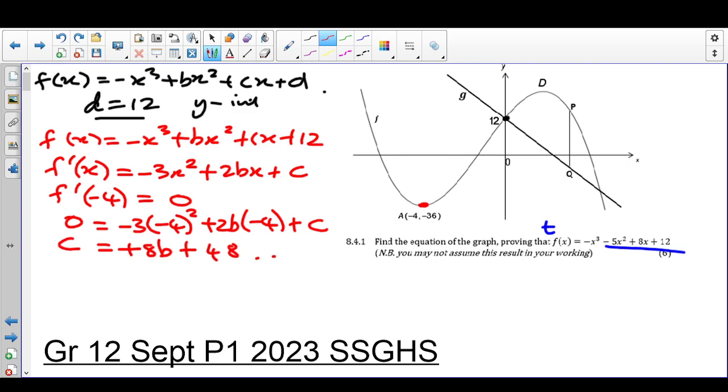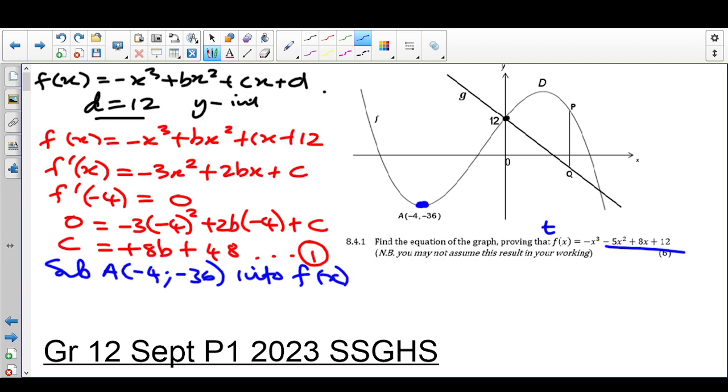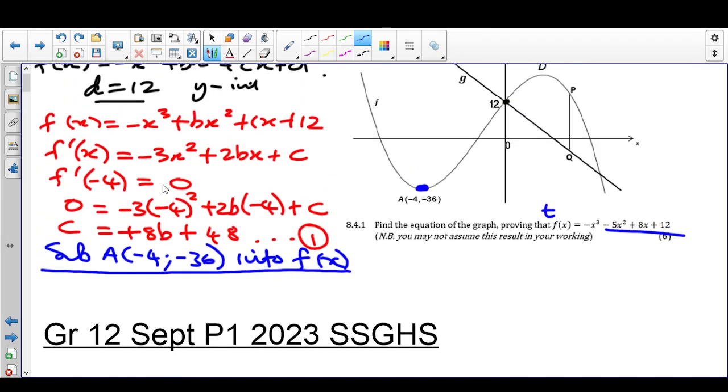Okay, that's equation 1. Now I take that same point and substitute A, which is negative 4 and negative 36, into the equation of f of x. Remember, when you put the x in, you get the y out.